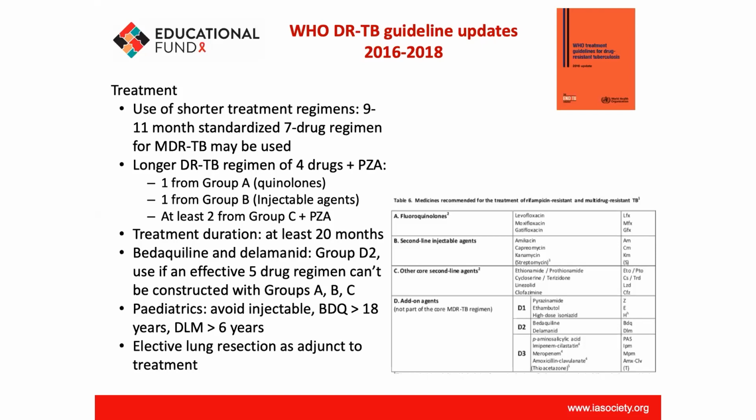Treatment duration was still long, at least 20 months, and bedaquiline and delamanid, the newest agents that we have for drug-resistant TB, along with pretomanid, were only to be used if an effective 5-drug regimen could not be constructed from groups A, B, and C. For the first time in the 2016 guideline, the advice to avoid injectable agents in children was recommended, and delamanid became available down to the age of 6.